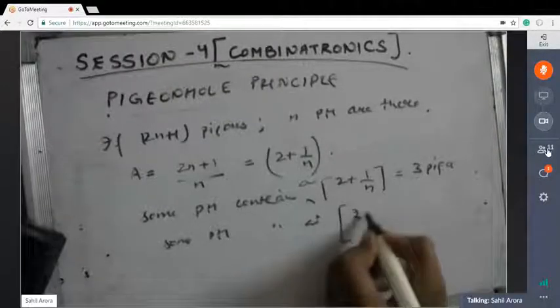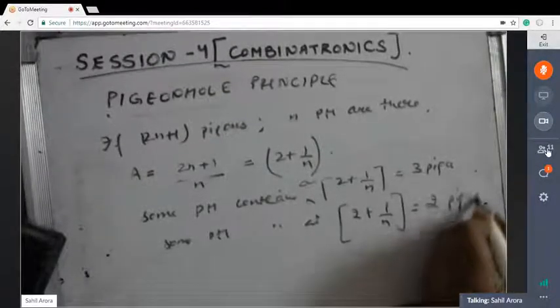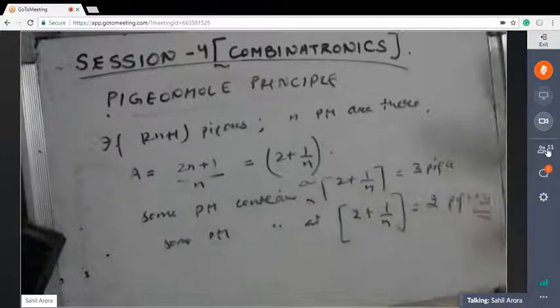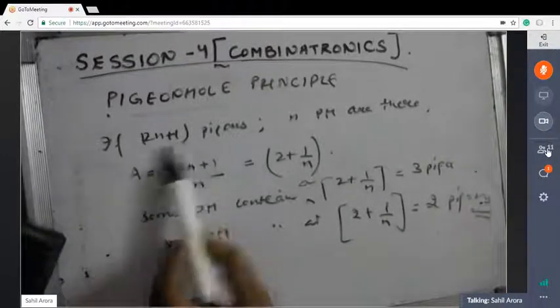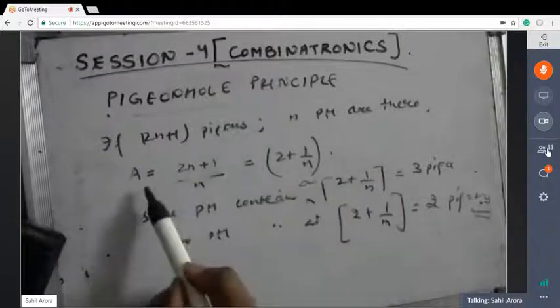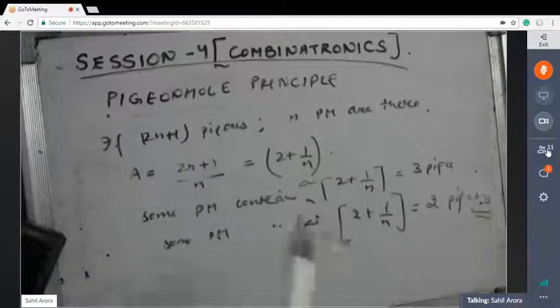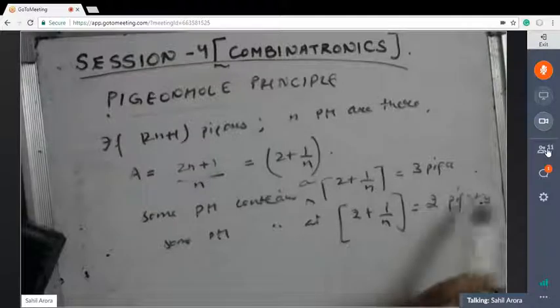So some will be consisting of 1 plus 2 by n, which is equal to 2 pigeons. So what I'm understanding from all of these concepts is if 2n plus 1 pigeons are put in n pigeonholes, then the average would be 2 plus 1 by n, then some pigeonhole will be consisting of at least 3 pigeons and some pigeonhole will be consisting of at most 2 pigeons, right?